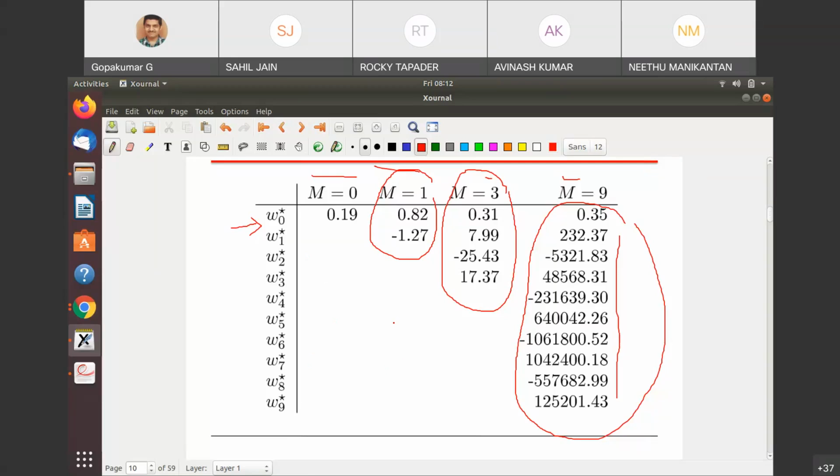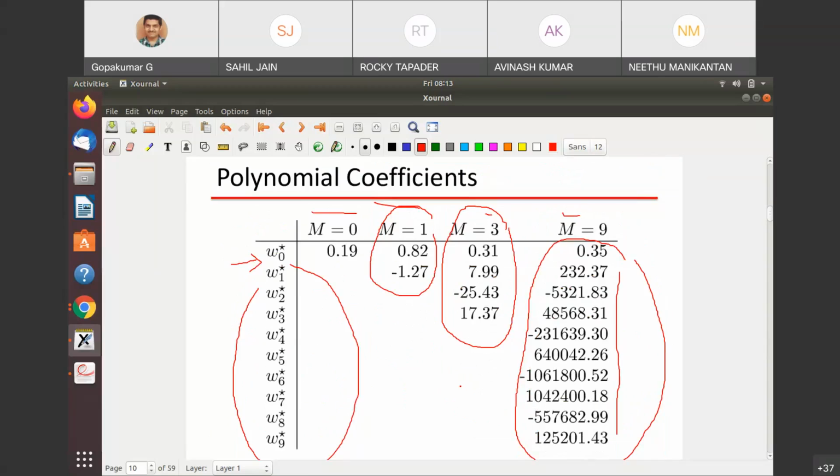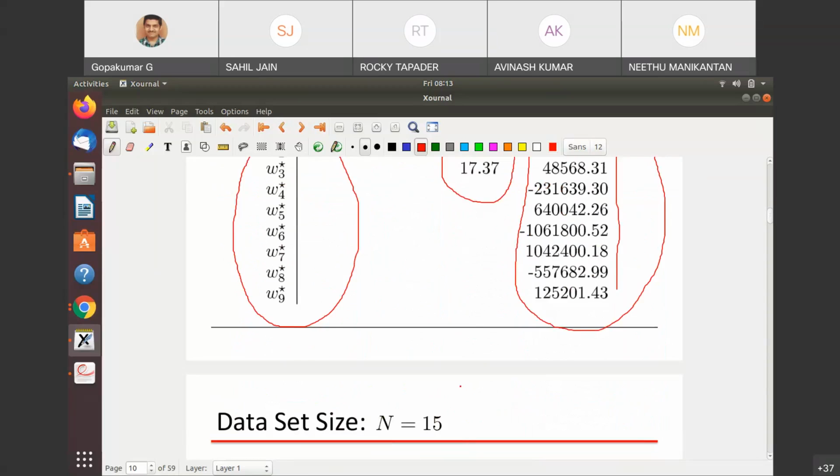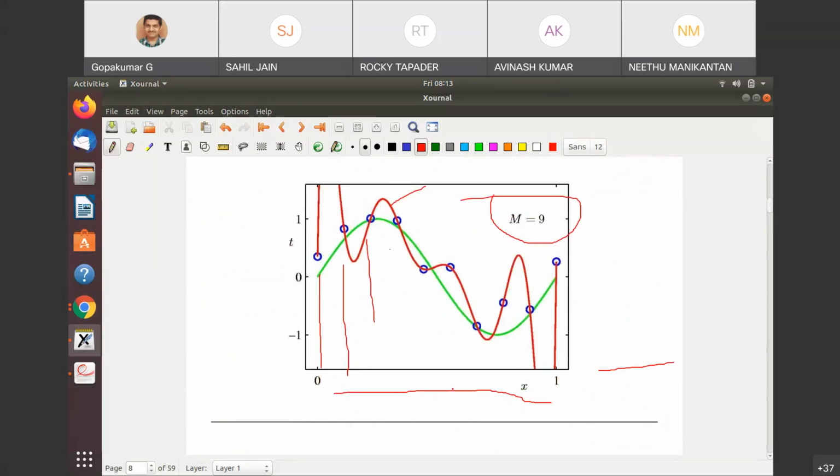So this is the problem of overfitting, where the weight values or the coefficients, whatever the parameter values, are finely tuned to that specific set of data points. That is one issue. Here we have only 10 points, which we have sampled from the possible values.